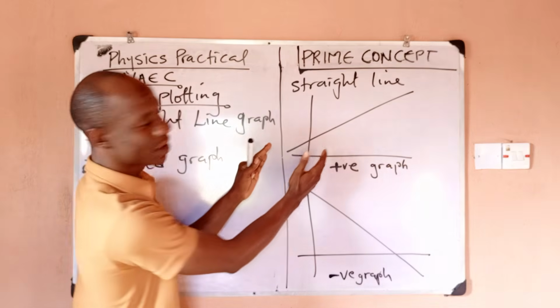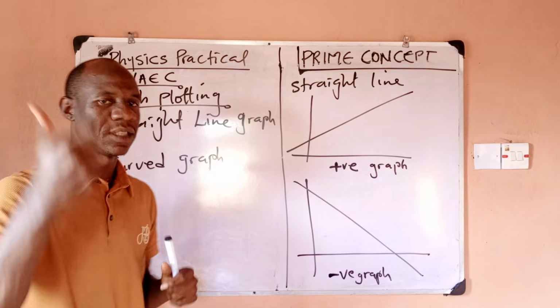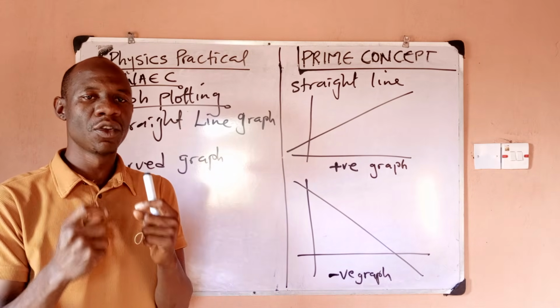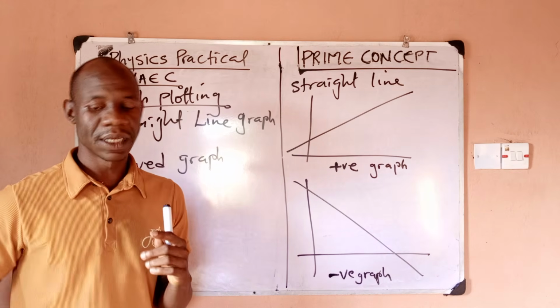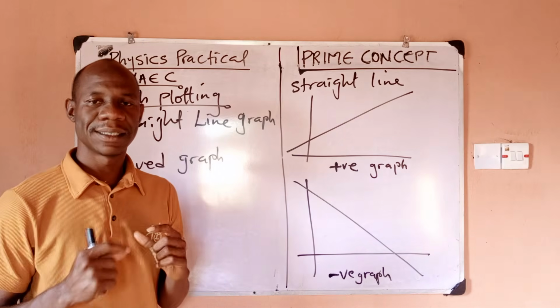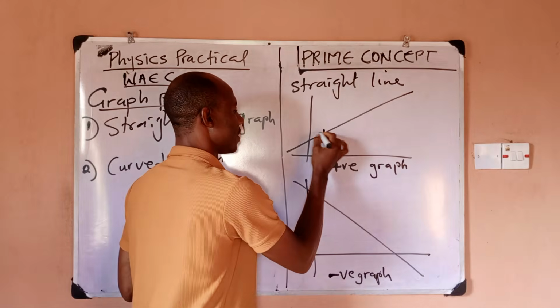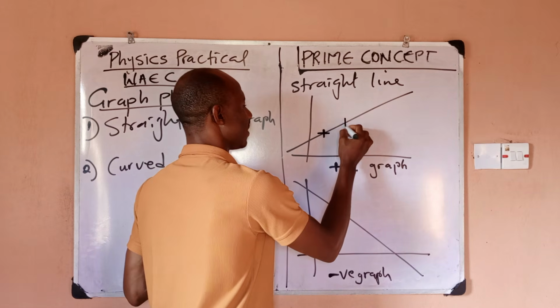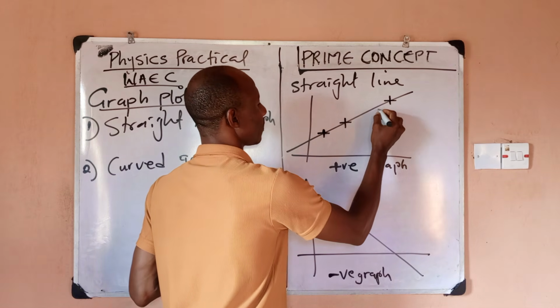Say you've plotted your graph and you have it in this form, and you want to find your slope. To find the slope of a straight line, what you actually need is to draw a triangle, right? Say you've plotted this and these are your points on your axis, on your best fit line.